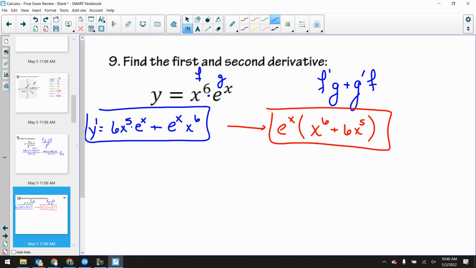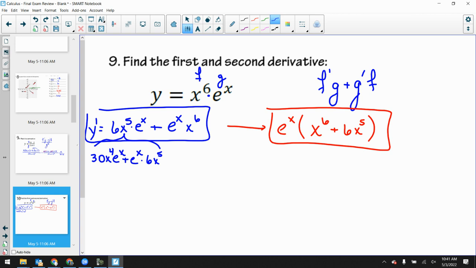Okay, I've got two different product rules going on. They're not difficult product rules. That's why this is an okay method. All right, so f prime, this is 30x to the 4th, e to the x, f prime g, plus g prime, e to the x, f, 6x to the 5th. That is all for just that piece.